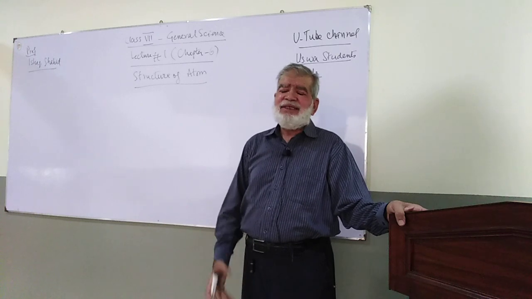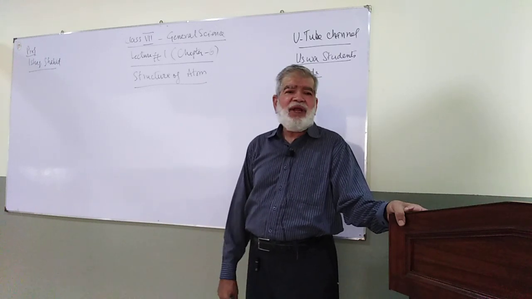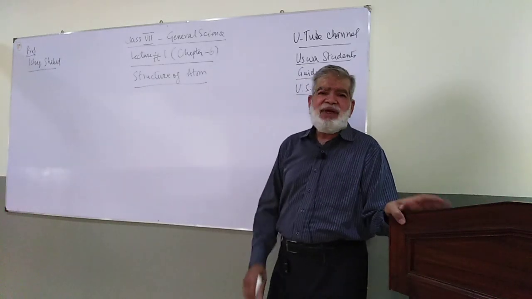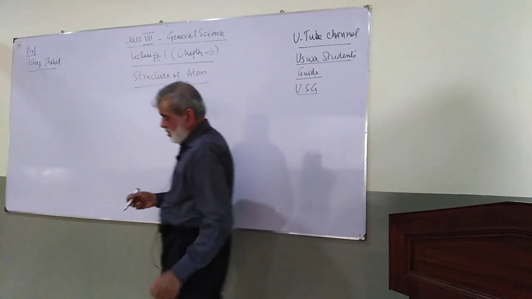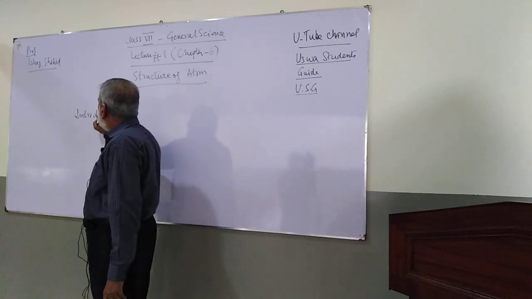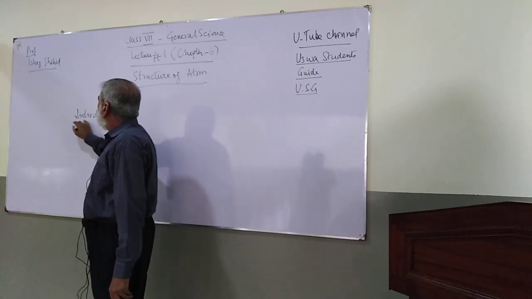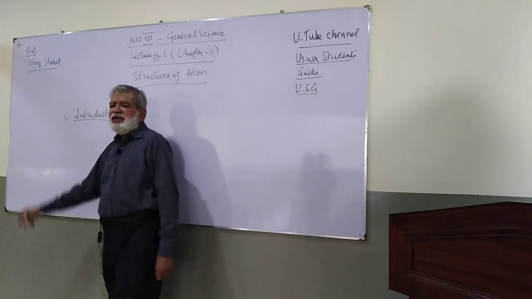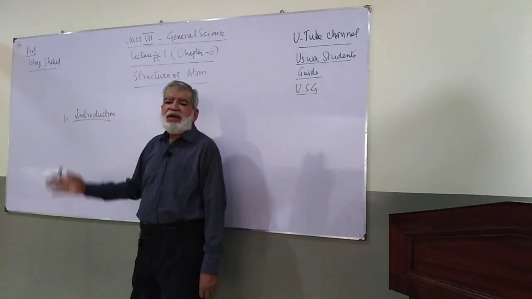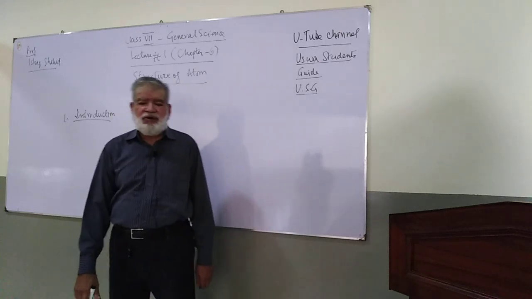Now, what is this thing known as an atom? The structure is very simple. In the introduction, we have just talked about what matter is and what it is composed of.